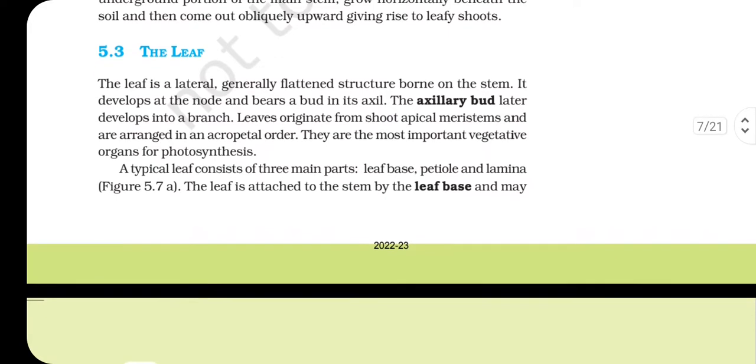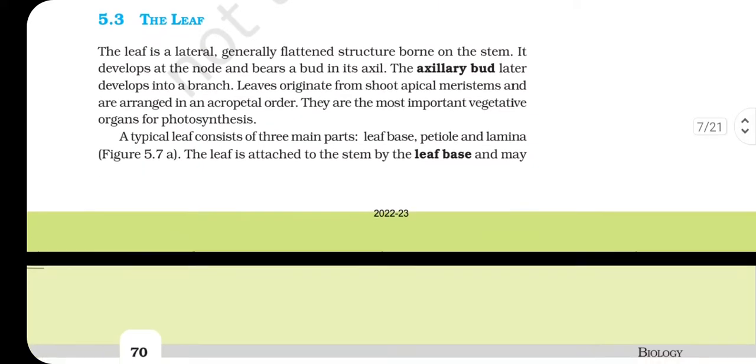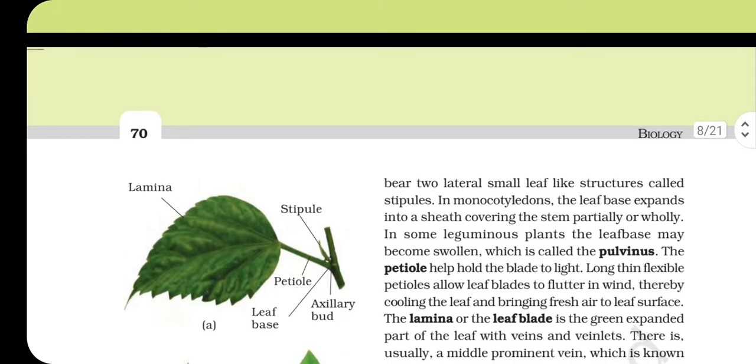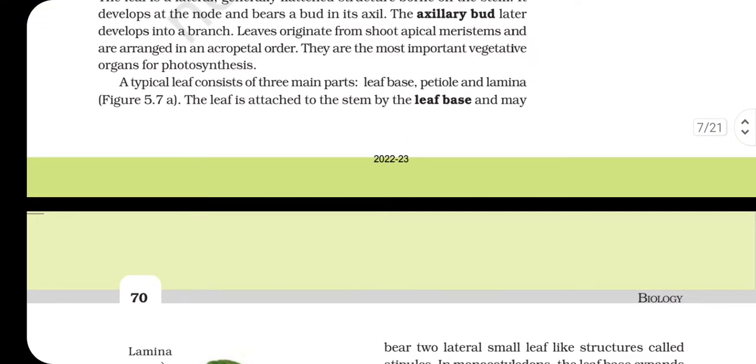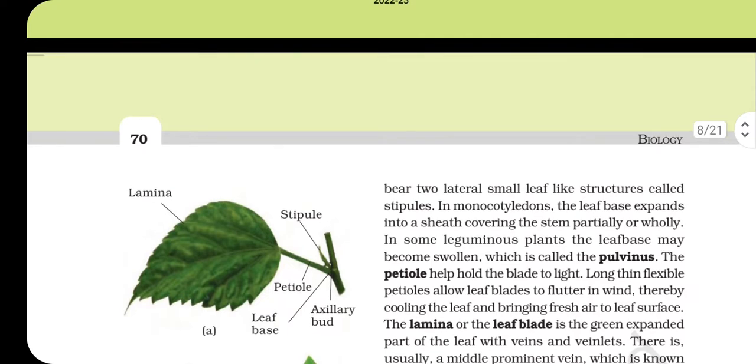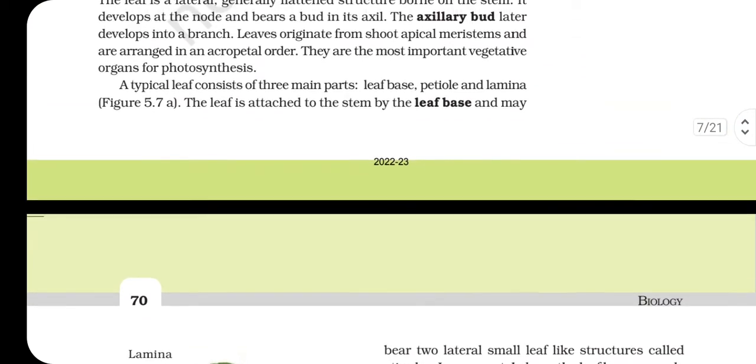A typical leaf consists of three main parts: leaf base, petiole, and lamina. The leaf: stipules, petiole, axillary bud, leaf base, lamina. Leaf base, petiole and lamina are the more important characters of a leaf.